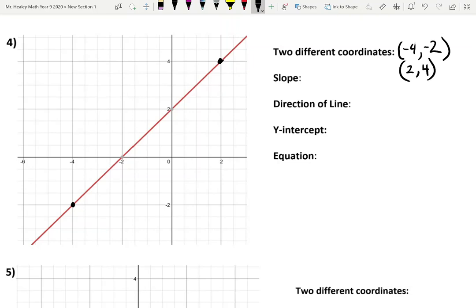Find the slope. You can do it in two ways. Let's calculate it.